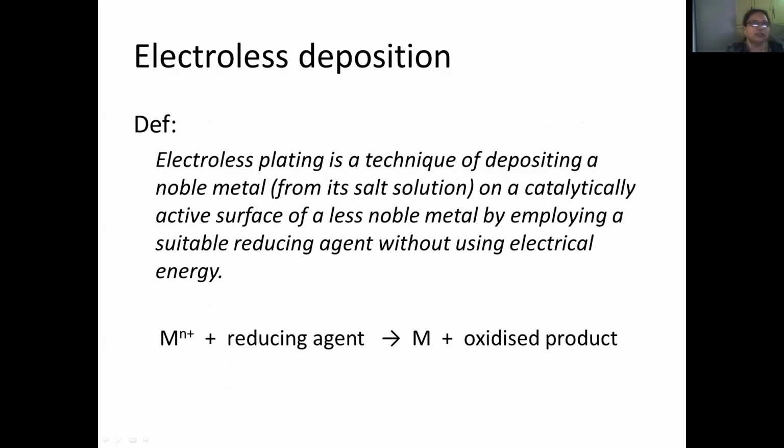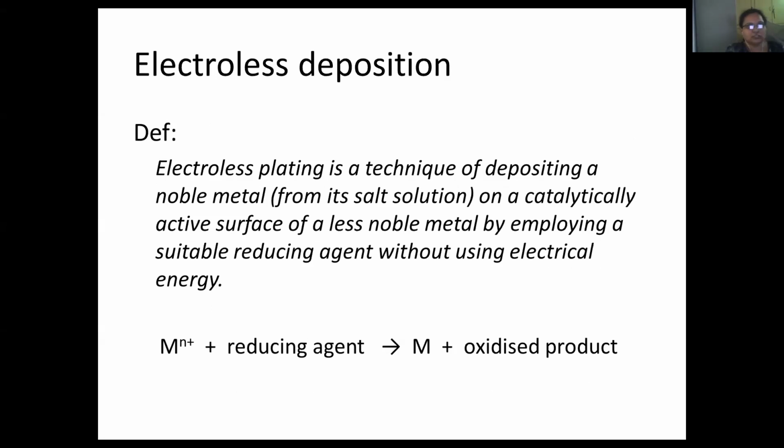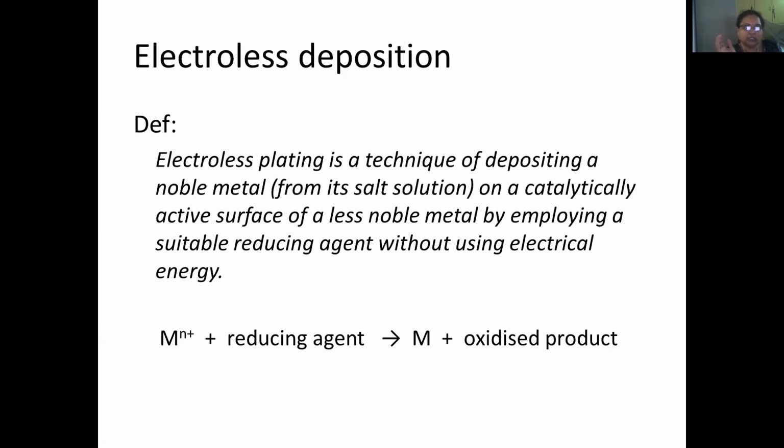In electroplating, we are using electrical energy, whereas in electroless plating, we are not going to use electrical energy here. We are just going to use an oxidizing agent, a reducing agent, and a catalyst. With the help of this, we are going to get a uniform coating of the metal.